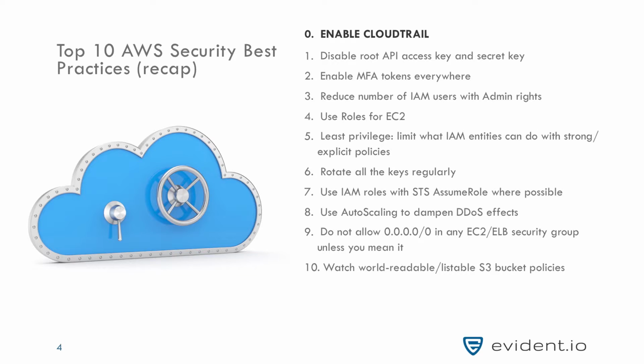This is the Evident.io top 10 security list. What we're working towards, and something Neeraj mentioned, is that we are very big believers, to the point where we got invited to the table for the CIS AWS Foundations benchmark. If you're familiar with it, awesome. It's definitely something we're going to start preaching on pretty heavily really soon.